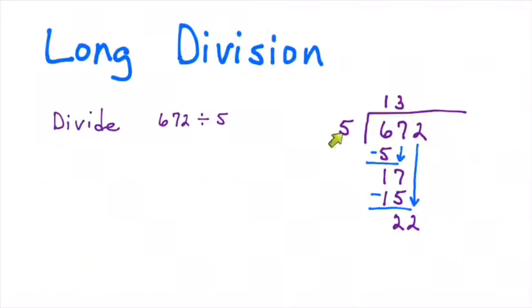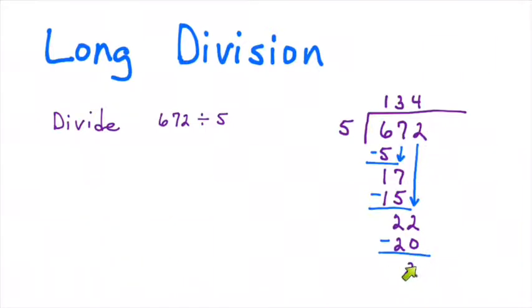And how many times will 5 go into 22? Well, 5 times 4 is 20, but 5 times 5 is 25. So 5 will go into 22 only 4 times. And now we multiply back, and we see there are 2 left over. So 5 went into 22 4 whole times with 2 left over. Now there's nothing left to pull down.